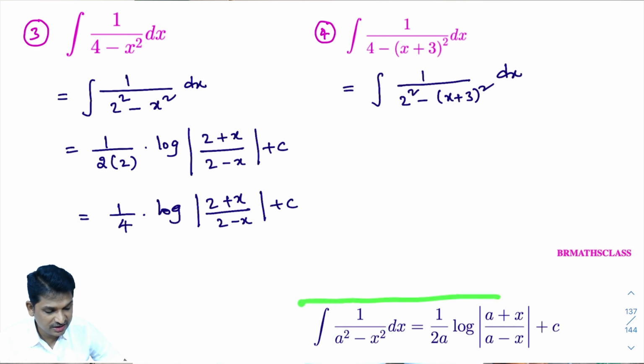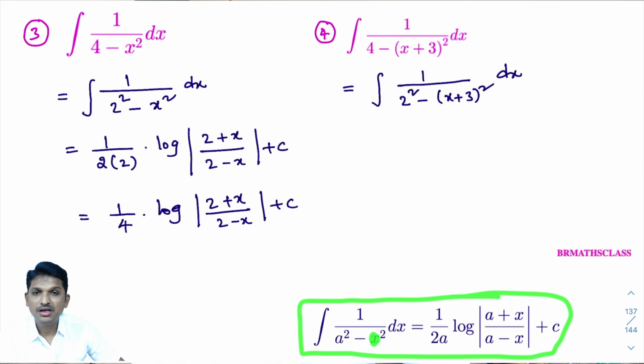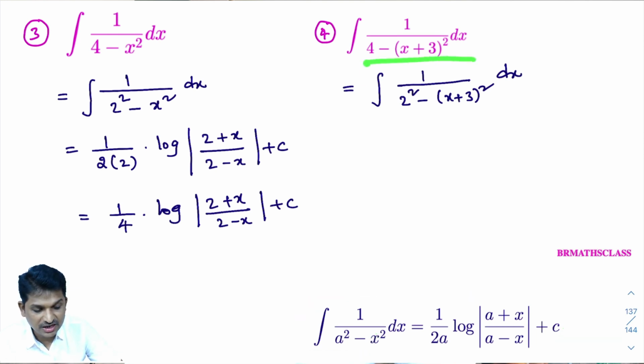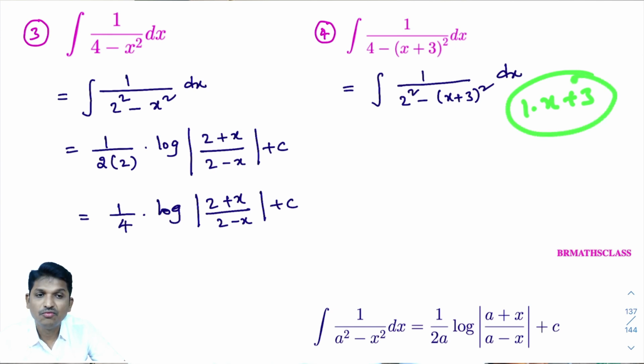As you learn this formula, in place of x, if ax plus b is there, then you can write the answer directly. Look at this problem. Integral of 1 divided by a square minus x square. But actually this is not x. Here this is of the form ax plus b, linear form. x plus 3 can be written as 1 into x plus 3, ax plus b. I hope you are understanding.